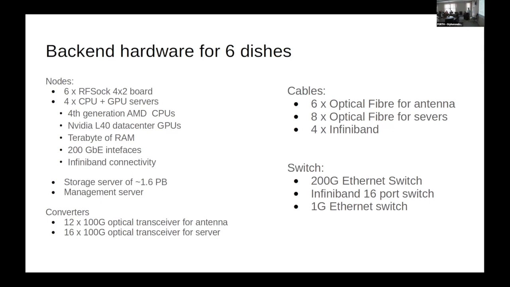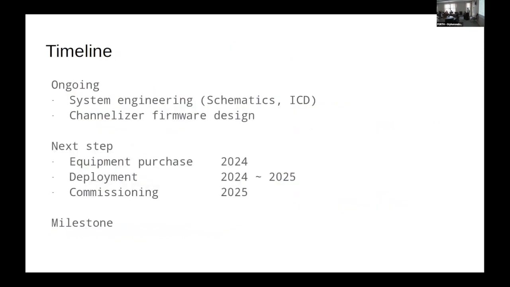And in the highlight of this backend design, currently we are doing system engineering, making schematics and writing interface control documents so that we can settle how we communicate with the other components, for example, the science processor. We are also already designing the channelizer firmware.